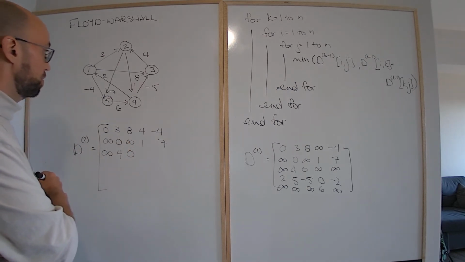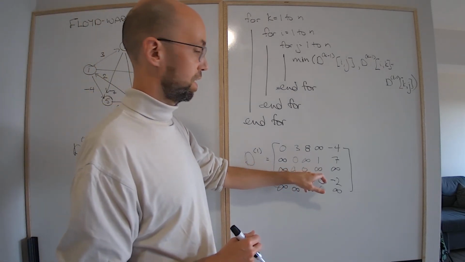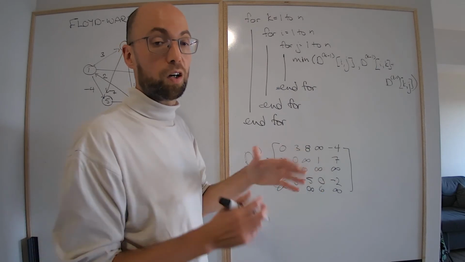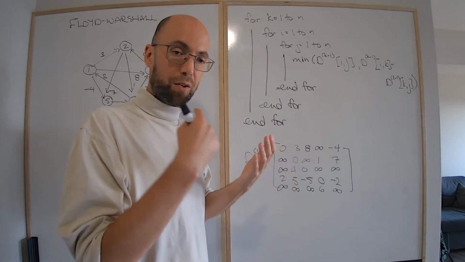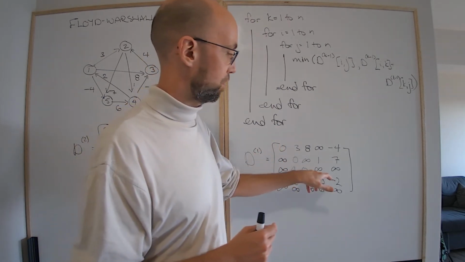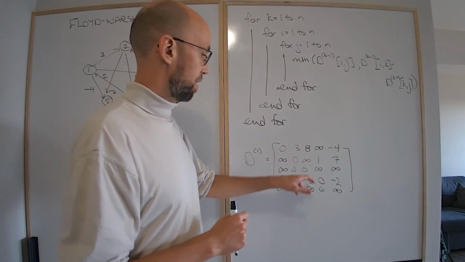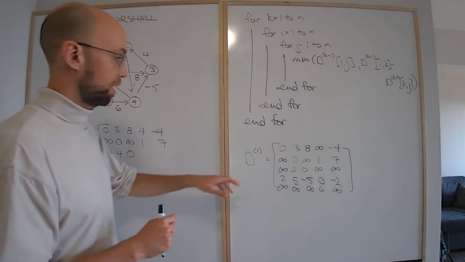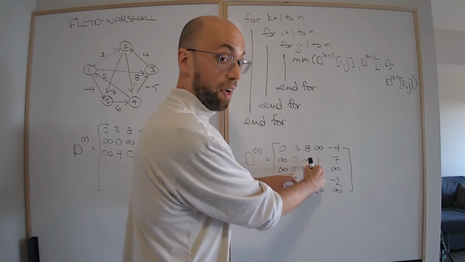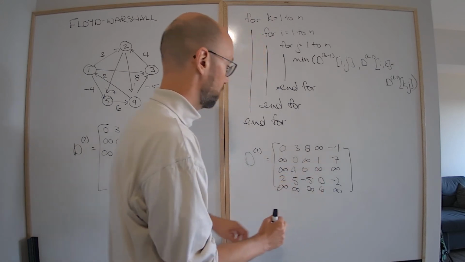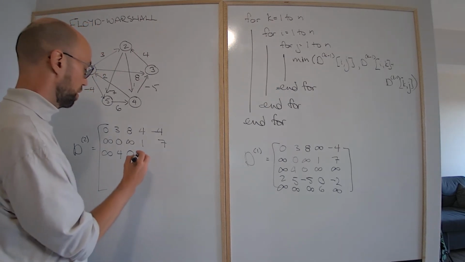This one is a bit more interesting because now you can say, okay, cost of going from 3 to 4 directly is infinite, or cost using only 1 as an intermediate vertex, either going directly or using 1 as an intermediate vertex, the cost is infinite. But now you're allowed to go from 3 to 2 and from 2 to 4. So the cost is 5. The sum of these is, so it's the min of infinite and 4 plus 1, which is 5.